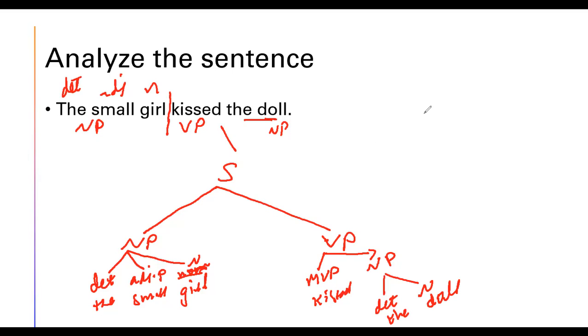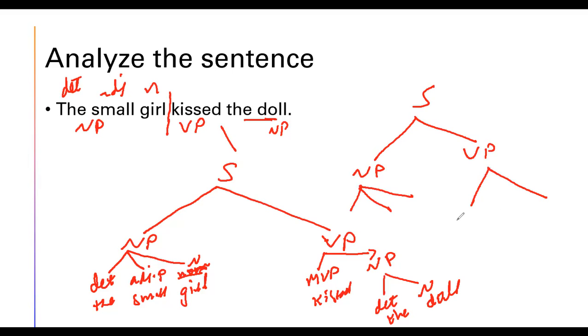So please do remember, first you have to divide the broader units, then the smaller units are to be divided. Same goes over here. Two broad units here, MVP and NP, and then NP gets further divided into two branches.